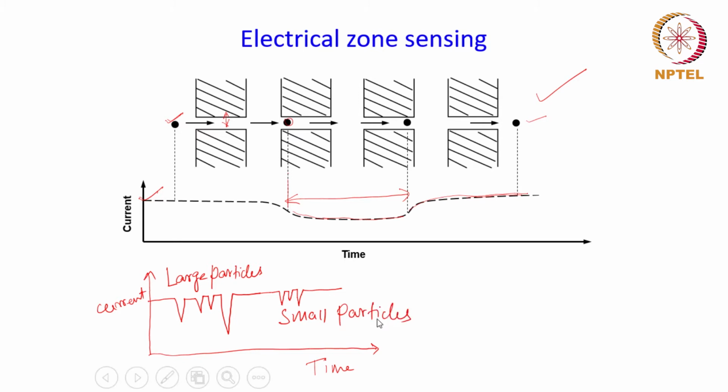As I said before, here also you can clearly see that the change in the current or the conductivity is proportional to the size or the volume of particles, and that is how the size can be calculated based upon the change in the conductivity. Of course, for that the instrument has to be properly calibrated before the measurements are done. Once that is done, you measure the current which is flowing, and from there the change in the conductivity, and the particle size can be obtained.